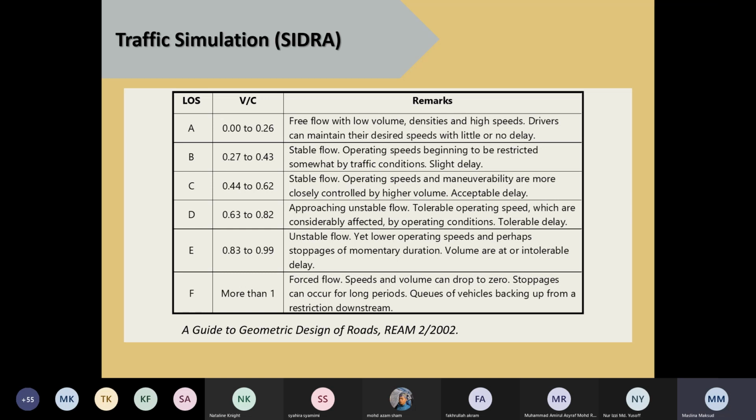But usually we will give the recommendation to improve the road network after we get LOS E and F, which means it starts operating at an unstable flow. And we will maintain the junction performance criteria only if it has LOS A and B usually.